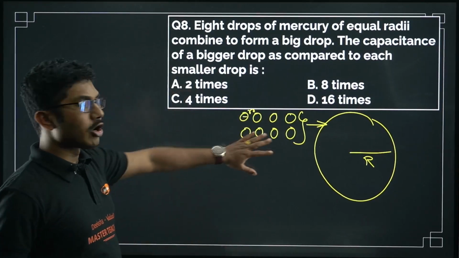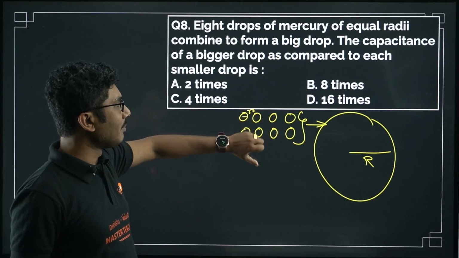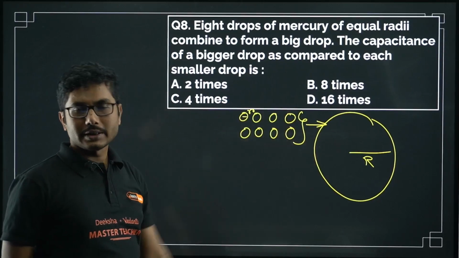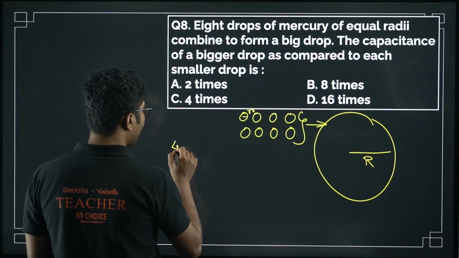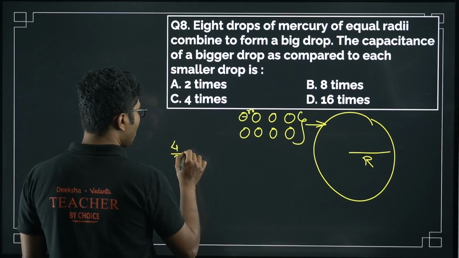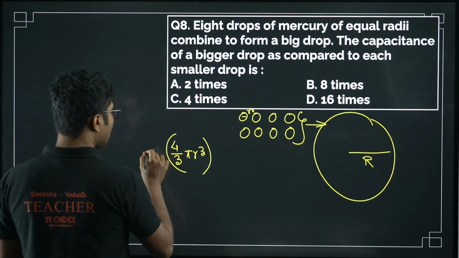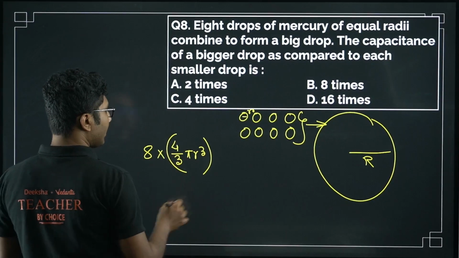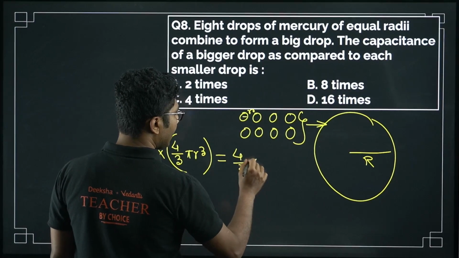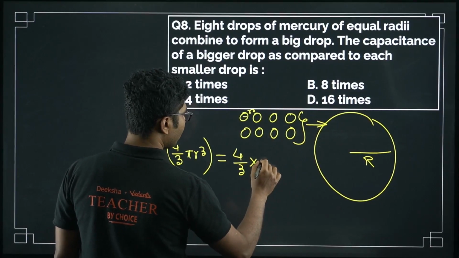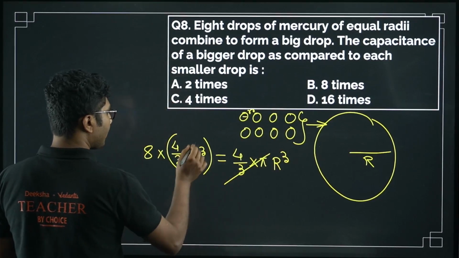Okay, so what is constant here? The volume is constant. The total volume after they combine should be the volume of the new mercury drop. What was the volume of one small drop? Volume of one small drop is 4/3 pi r cube. And there were 8 drops. That should equal the volume of the bigger drop, 4/3 pi capital R cube. So 4/3 pi cancels.